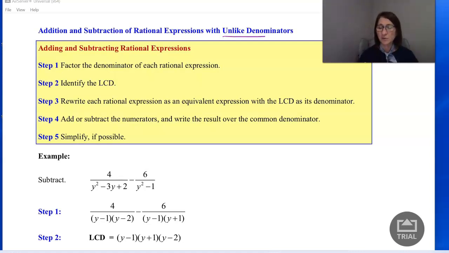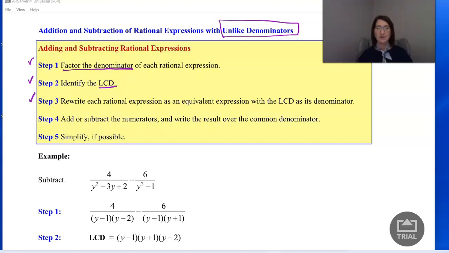So what do we do when we have unlike denominators? Well, we first start by factoring the denominator of each rational expression. Then we identify the LCD.